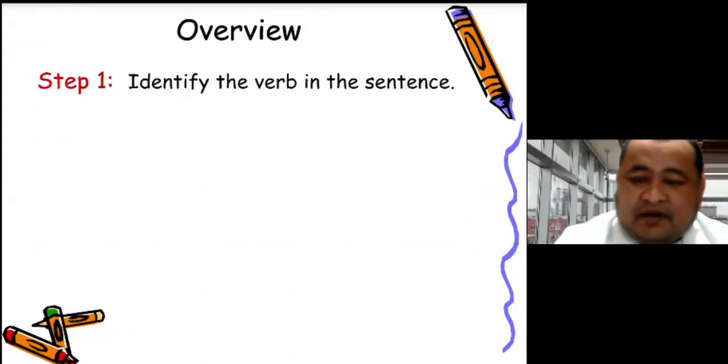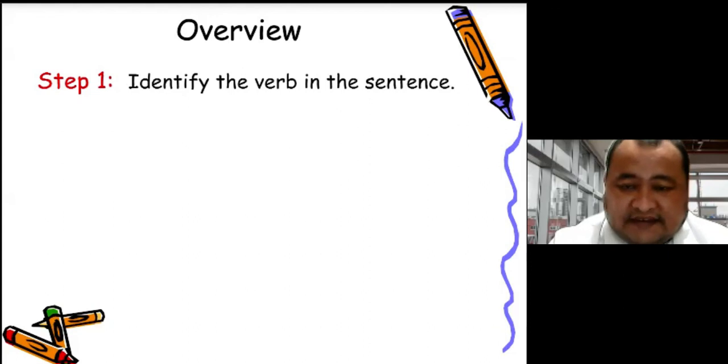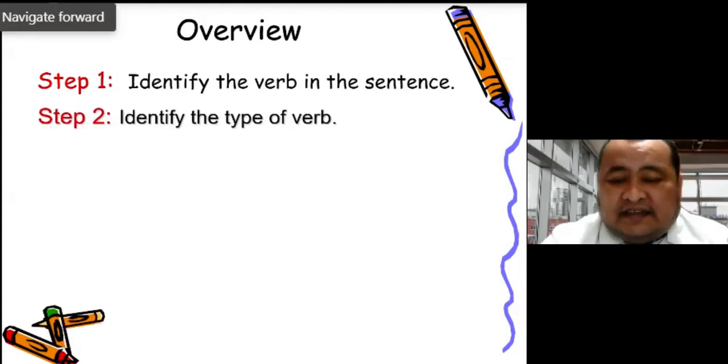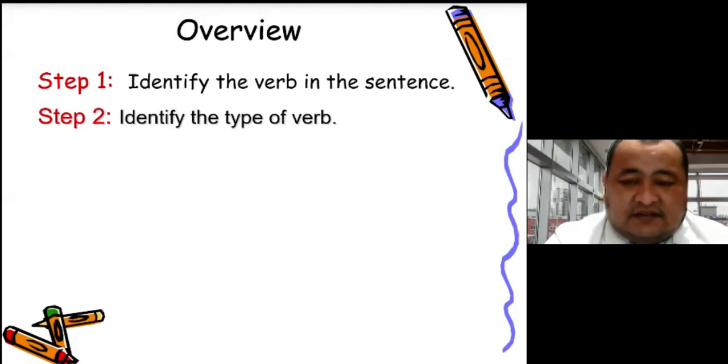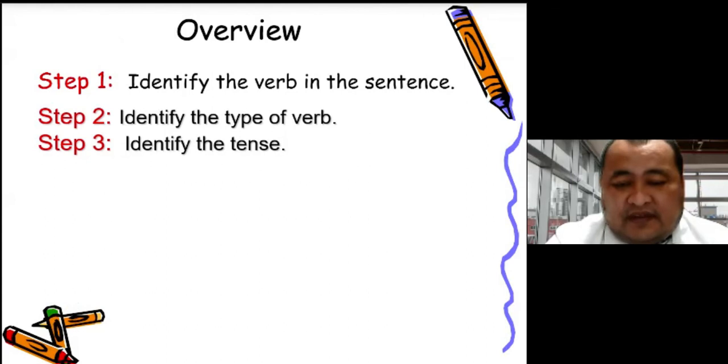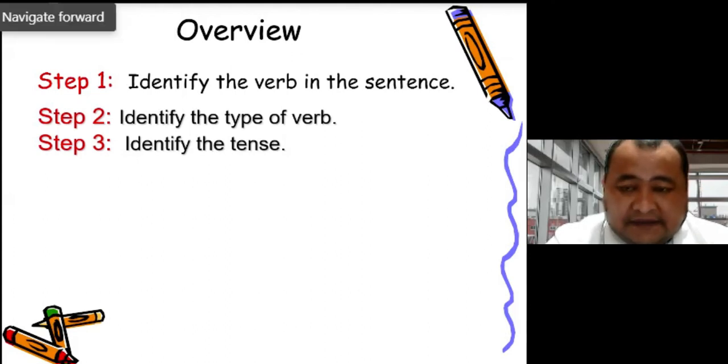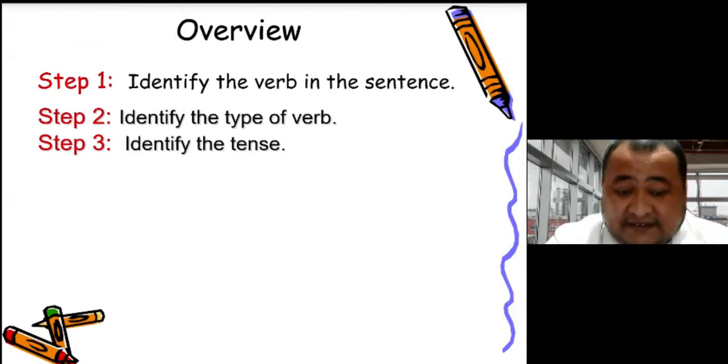So remember, identify the verb in the sentence. Identify the type of verb. Is it a main verb? Is it an auxiliary? Is it to be? And then identify the tense. Why? Because we are going to decide the auxiliary to be used for the tag. If it is present, then the tag must be present.